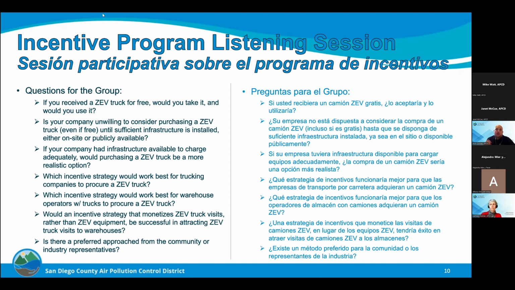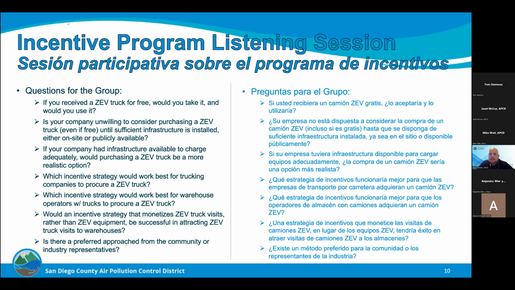Or the other option is infrastructure. Would it be better to get an incentive program in place for the infrastructure first and then worry about the trucks later? That's one thing we're struggling with at APCD, to see what would work best.